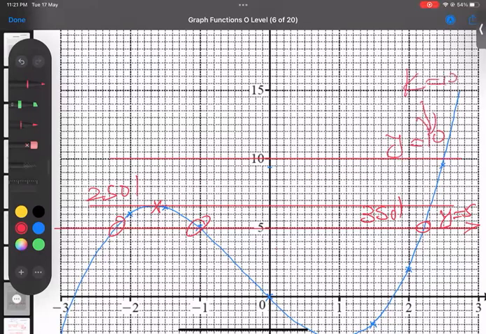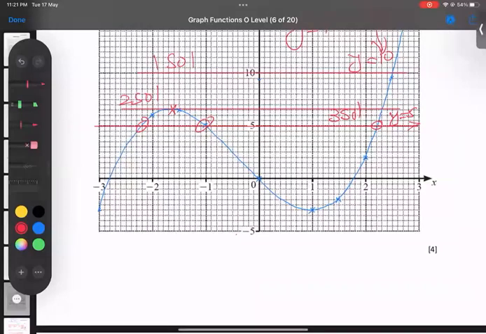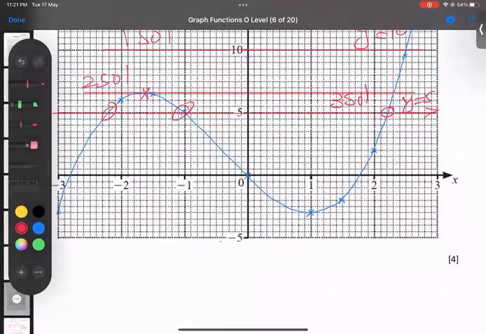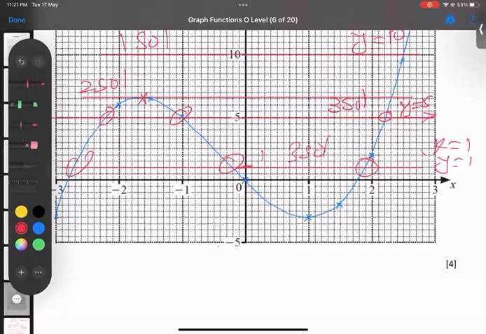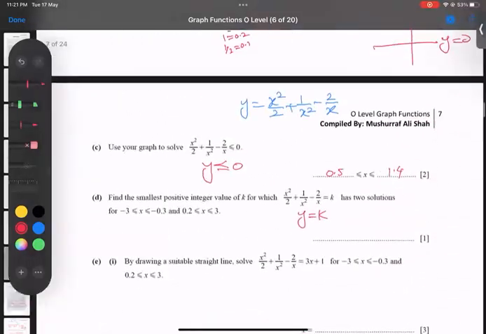Because y equal to k, if k value is 10, it has one solution. It's very clear, cutting at one time. So I believe you understood. And if I make a line through, for example, 1, and k is equal to 1, y equal to 1, it cuts 1 time, 2 and 3, so three solutions.